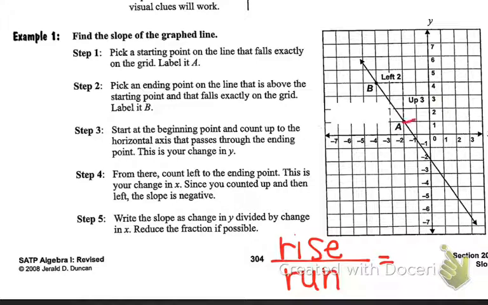We will have to rise up 3 and to the left 2. Remember, since you're moving to the left 2, we'll have a negative run. So using rise over run, you'll see that your slope is negative 3 over 2.